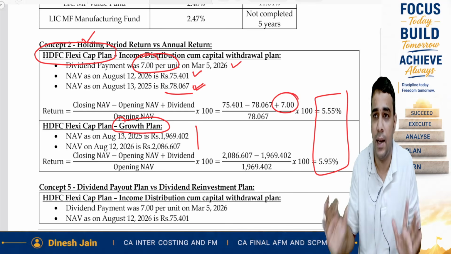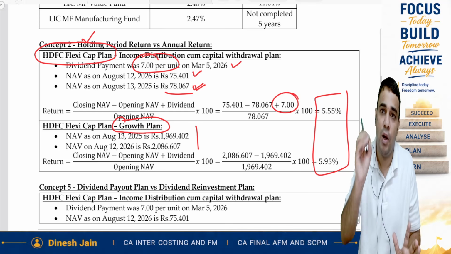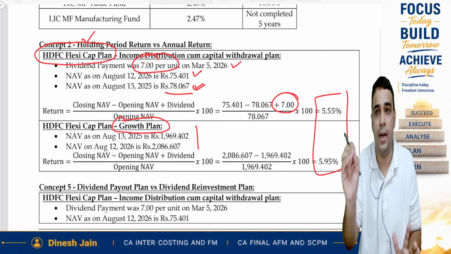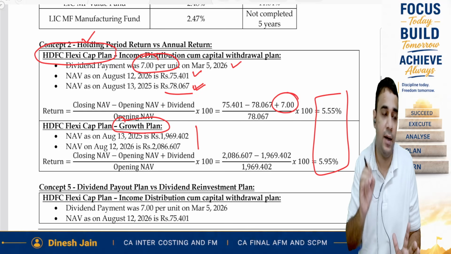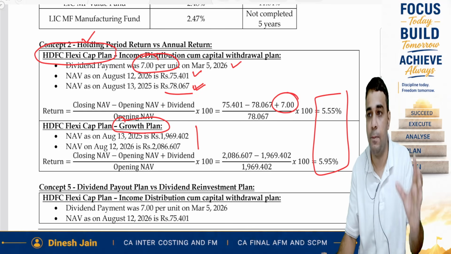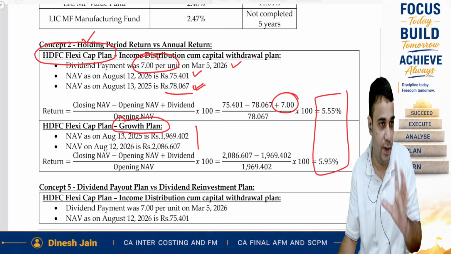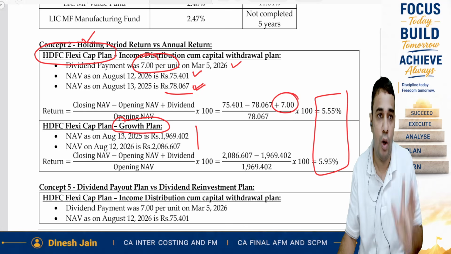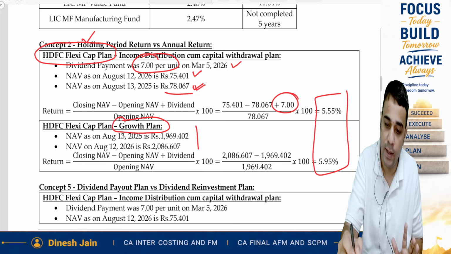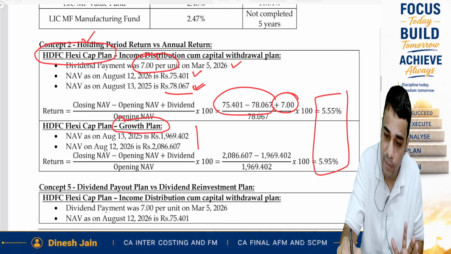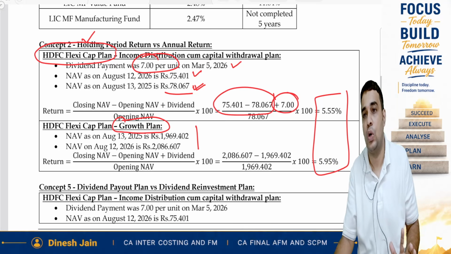How do we do the calculation? Very simple. What I get back minus what I give, divided by what I give. Closing price minus the opening price plus dividend, divided by the opening price. In one case, closing minus opening is negative.